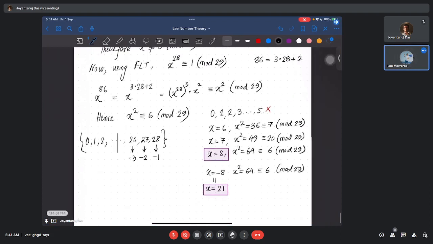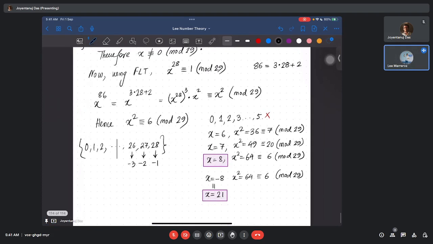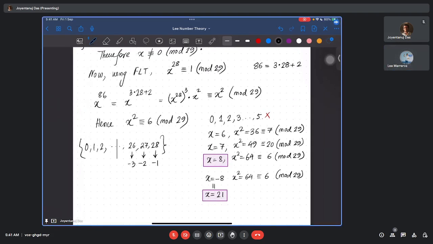So x equals to 21 is also another solution, right?